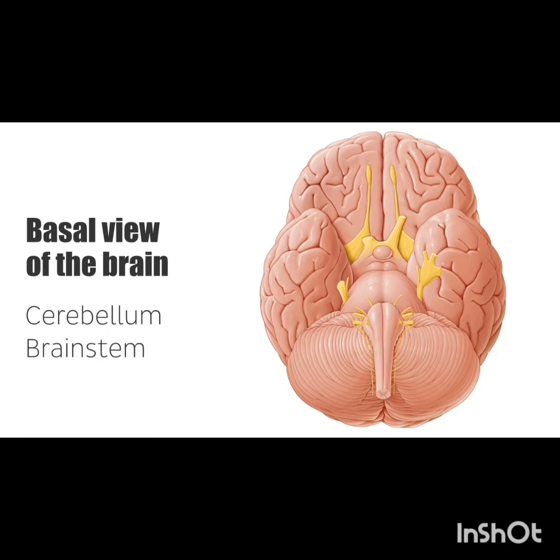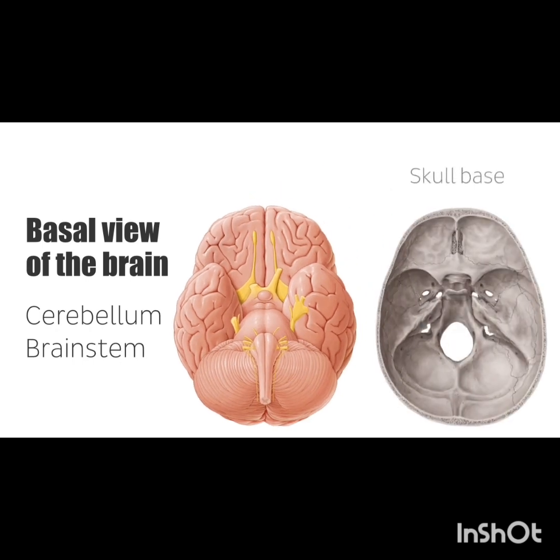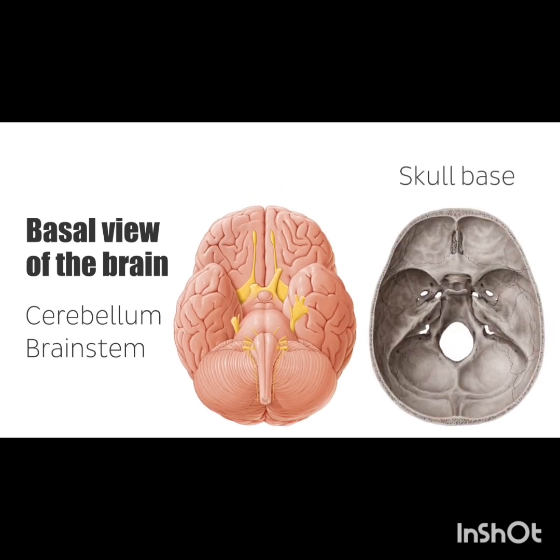Now, this area of the brain is protected by bone, specifically the base of the skull, as you can see on this image on the right side. The most anterior portion of the brain, which is this part here, will be located in the area of the base of the skull known as the anterior cranial fossa.